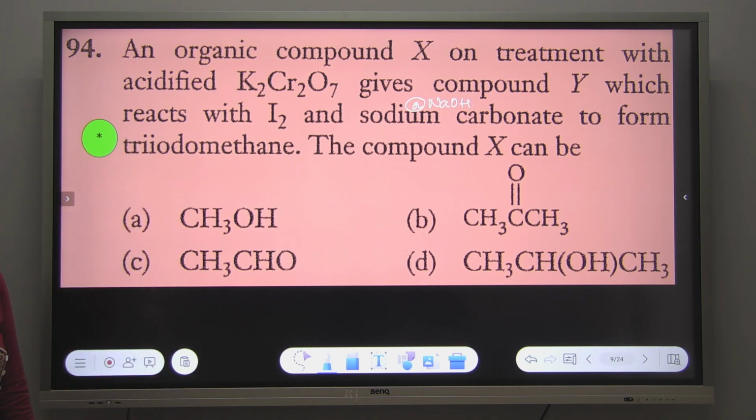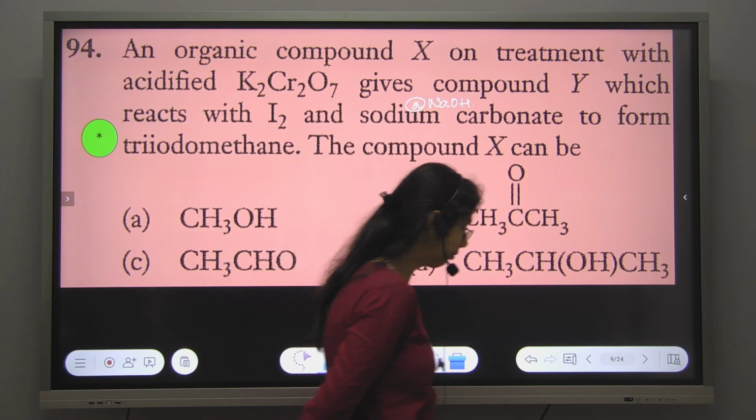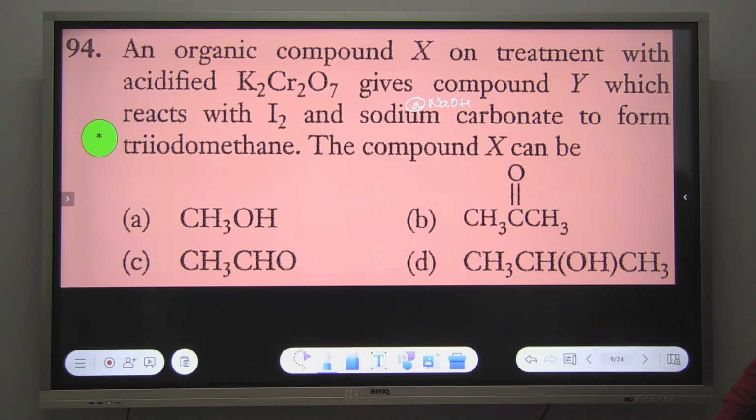Now this may give you some idea. You have to find out the reactant.